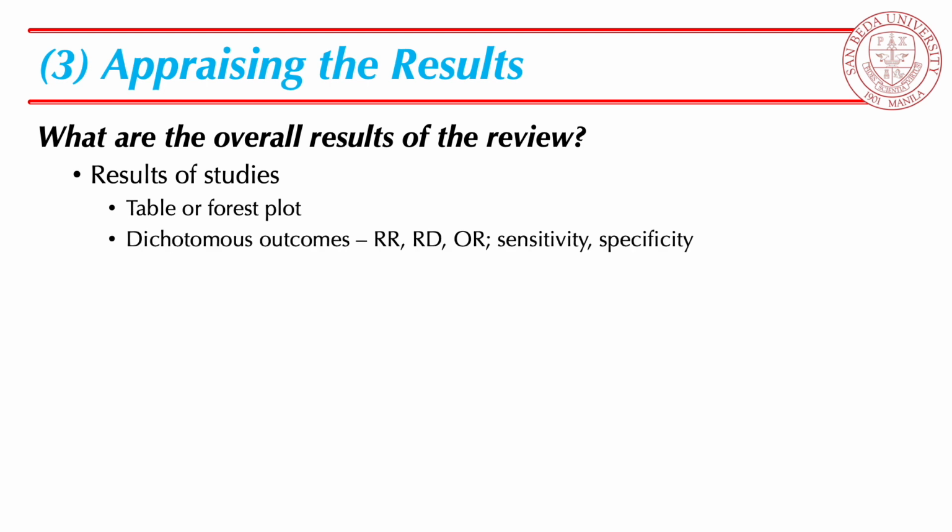Outcomes can be reported as dichotomous variables, which have only two possible results. For such outcomes, SRMAs can summarize the results as the overall relative risk, risk difference, or odds ratio. Sometimes the hazard ratio, absolute risk reduction, or relative risk reduction will also be reported. For diagnostic SRMAs, on the other hand, the overall sensitivity and specificity are reported.